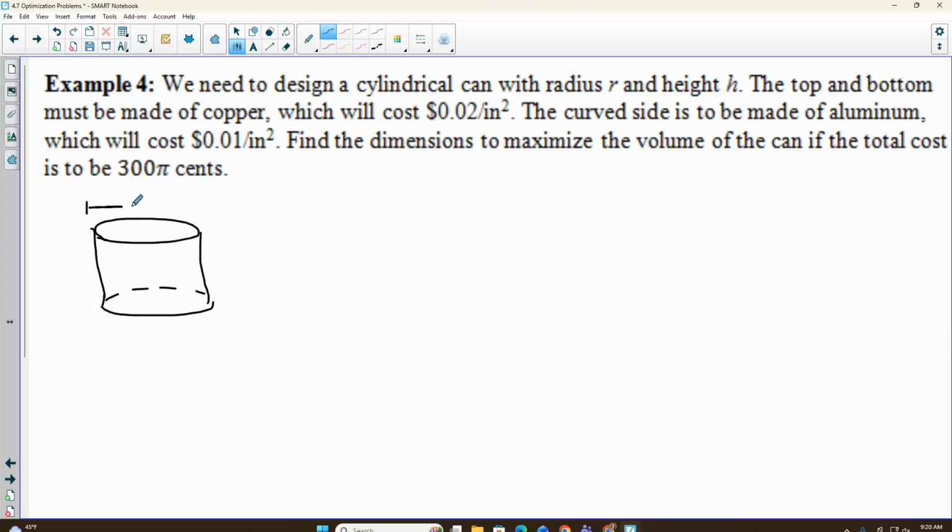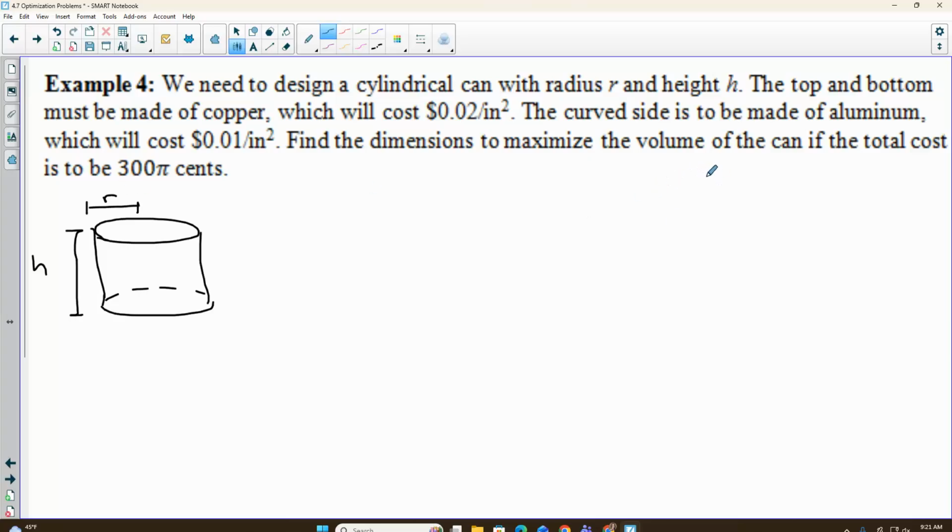My radius is R, my height is H. The top and bottom will be made of copper, which costs 2 cents per square inch. The curved side is to be made of aluminum, which will cost 1 cent per square inch. Find the dimensions to maximize the volume of the can if the total cost is to be 300 pi cents.